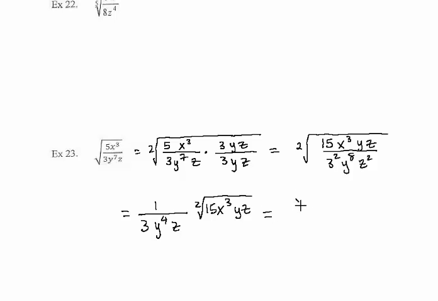So we'll bring the x out. And that'll leave inside of our square root of 15 an x, because we only needed 2 of these 3. So 1's left over, a y and a z. And that will complete example 23.